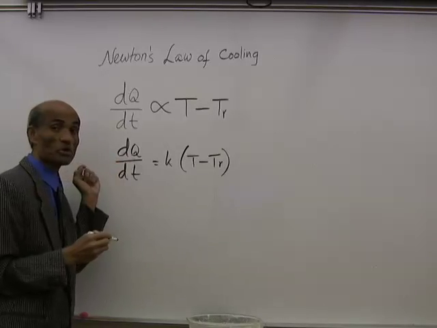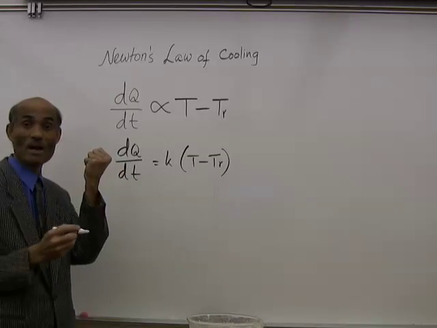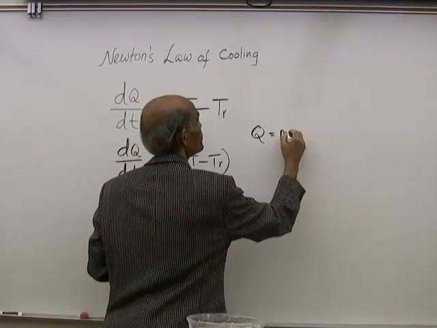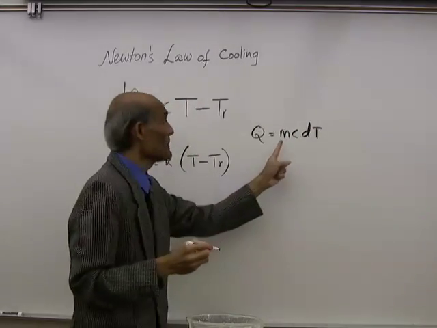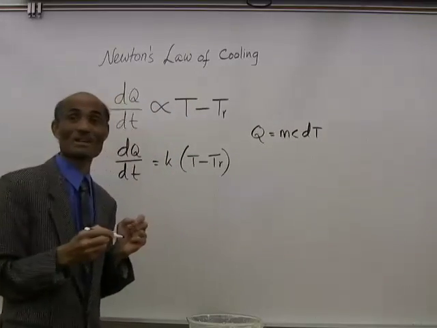Now, this Q, the quantity of heat lost or gained by an object, you know that Q can be written as m c dT. Is that right?